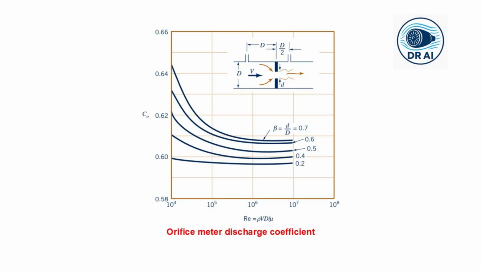This particular figure also shows the typical values of C naught, and you can see it varies with both the diameter ratio beta, where beta is the ratio of the hole diameter to the pipe diameter, and the Reynolds number. So for precise work, there are strict standards for how these meters must be built.